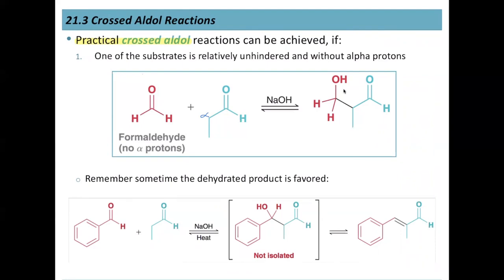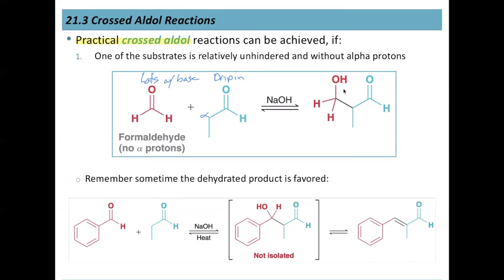And how we do that is we have lots of this in solution with the base. And that's just sitting around, and nothing's going to happen between the formaldehyde and the base because there's no alpha protons. And then what we're going to do is drip in the compound that has the alpha protons.